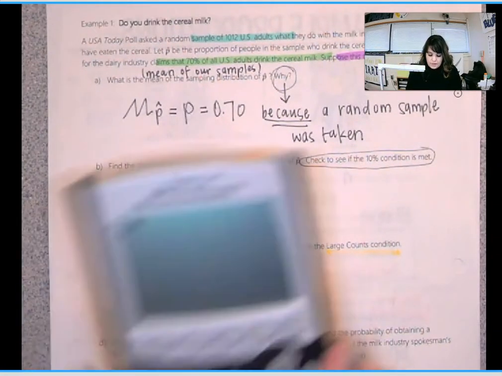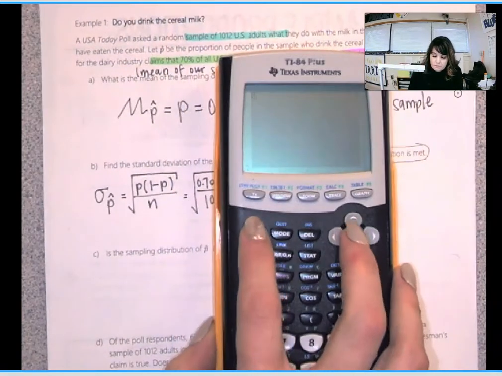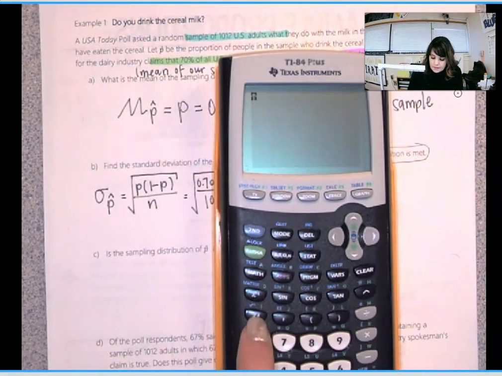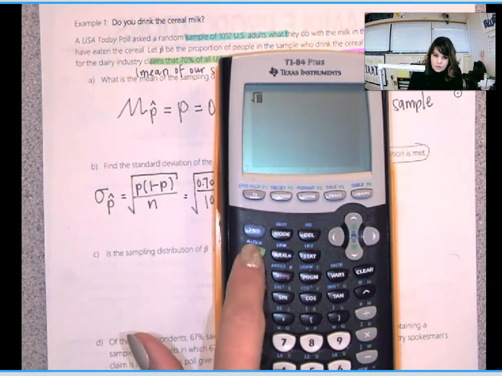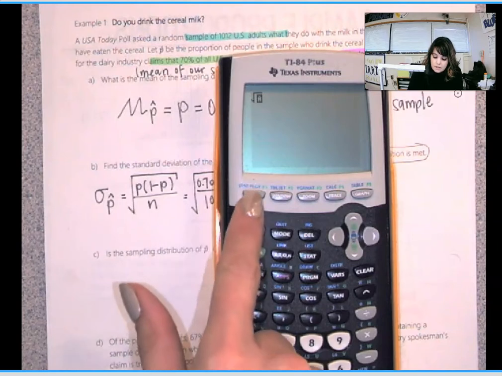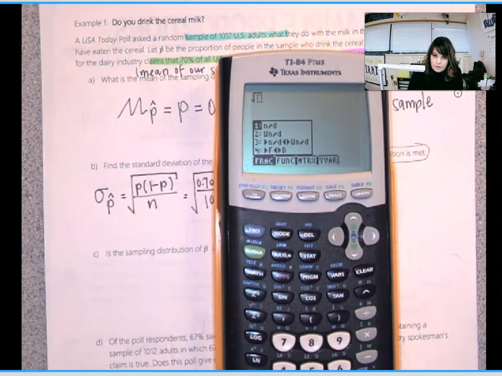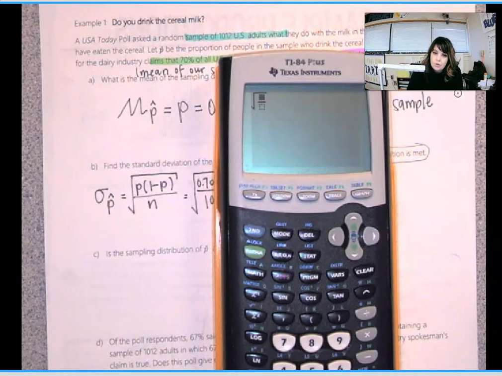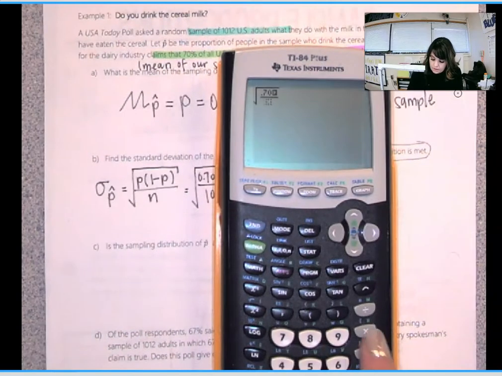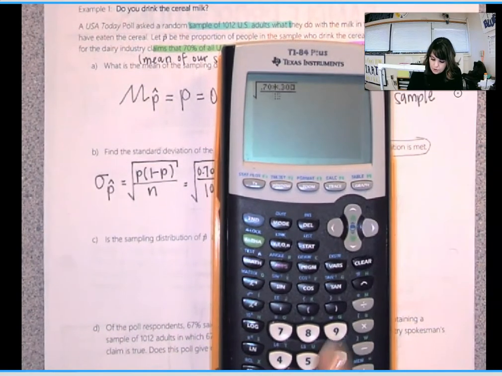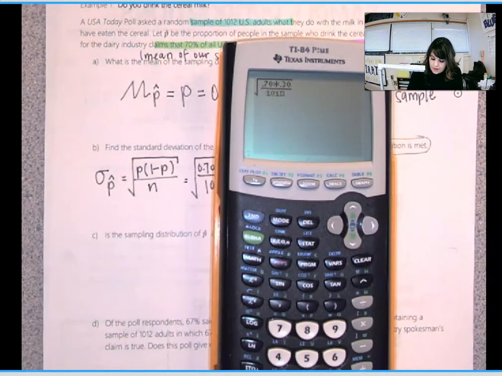So how we do that is we hit the blue button and the x squared button. That's going to give you the root. But then to hit the fraction, you hit the green button and the y equals button. You select the first option, and that's going to give you your fraction. So I'll type in 0.70 times 0.30 all over 1,012.